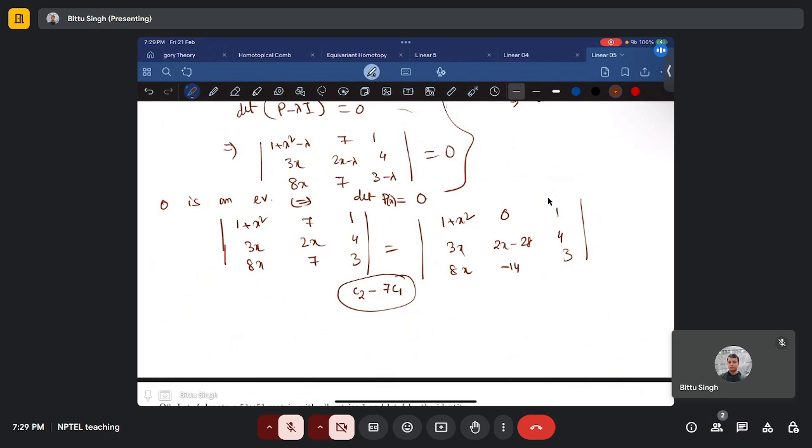Now we'll expand the determinant with respect to the first row. So expanding, we have 1 plus x square times 2x minus 28, 4 minus 14 3 plus 1 times 3x minus 14, x minus 28 and 8x.